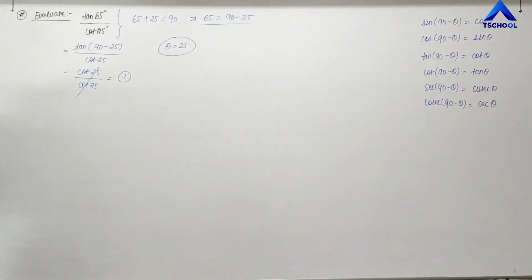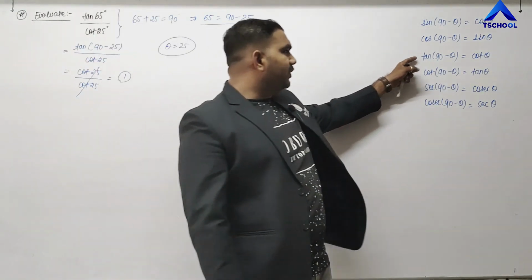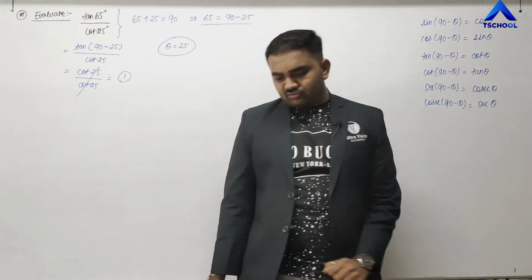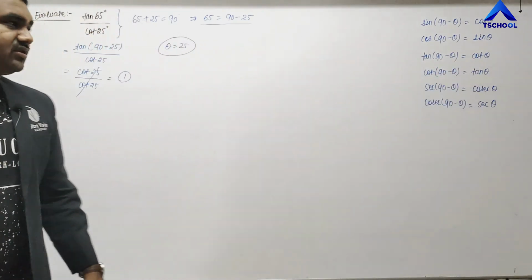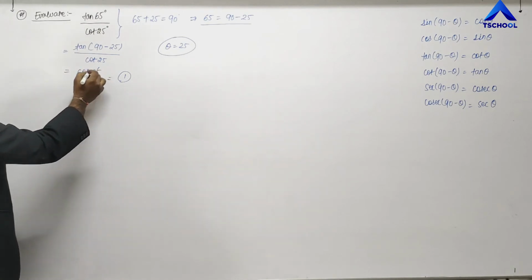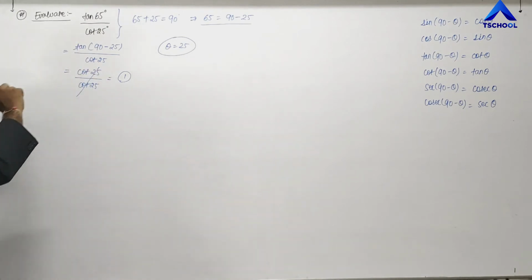So tan 90 minus 25, according to this third property, tan 90 minus theta equals cot theta, and hence tan 90 minus 25 was written as cot 25. So cot 25 upon cot 25 is equal to 1. Is this clear or not? So the answer to the first one, tan 65 degree upon cot 25 degree, is 1.